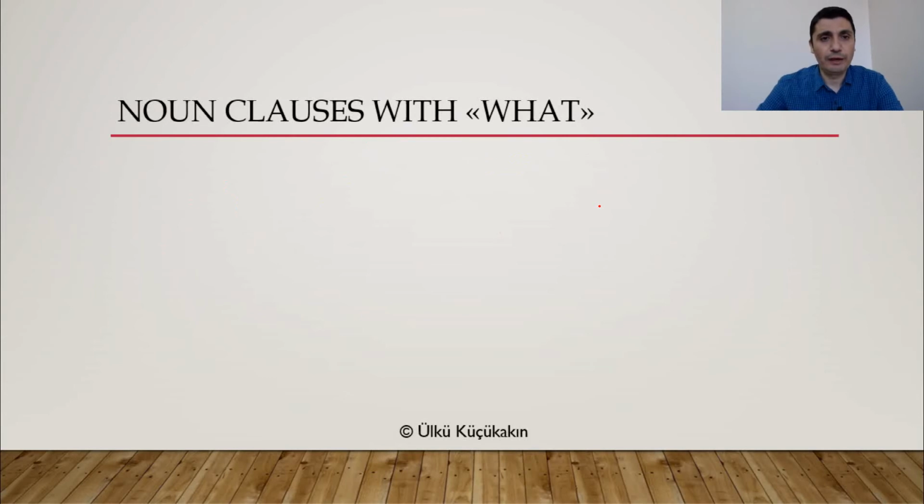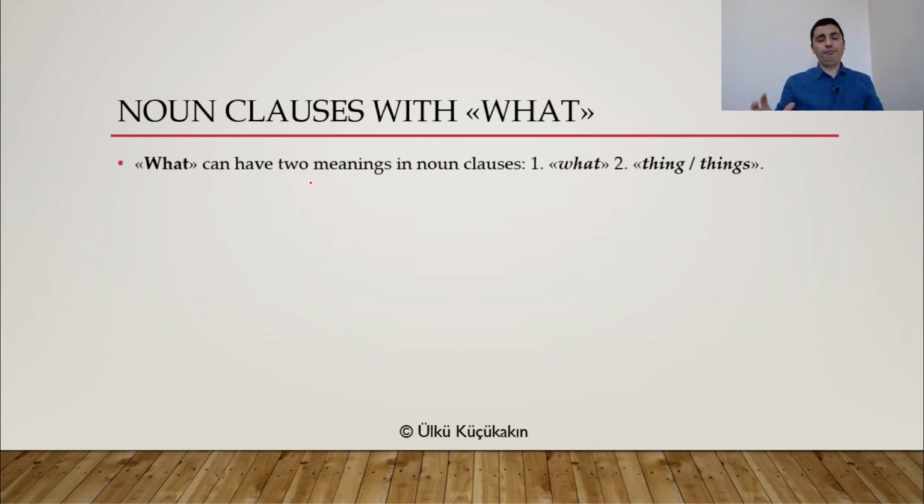All right? Now, let's continue with noun clauses with what. Now, very interestingly, what as a noun clause can have two meanings. What, as you know it, okay? And interestingly, it can mean the thing or things in the sentence.